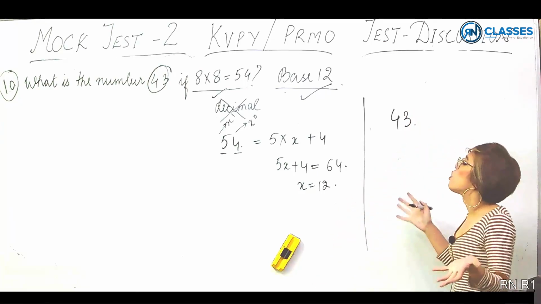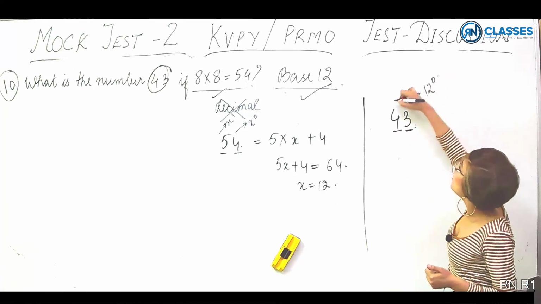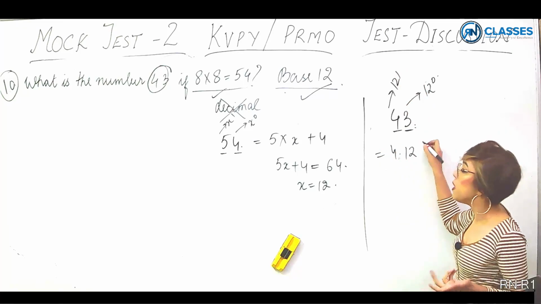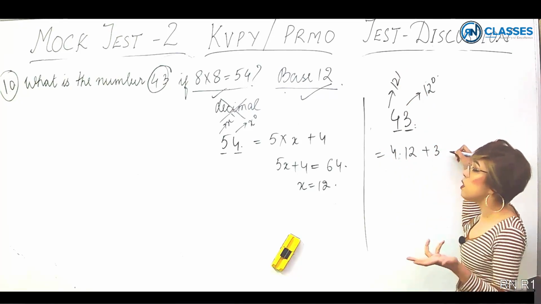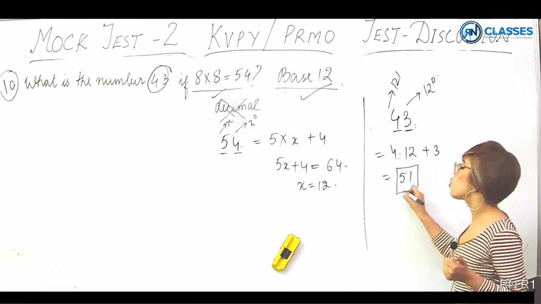The place value of this place is 12 raised to 0, and this place is 12 raised to power 1. So the number is 4 into 12 raised to power 1, which is 12, plus 3 into 12 raised to power 0, which is 1. So this is 48 plus 3, that is 51, which is the answer.